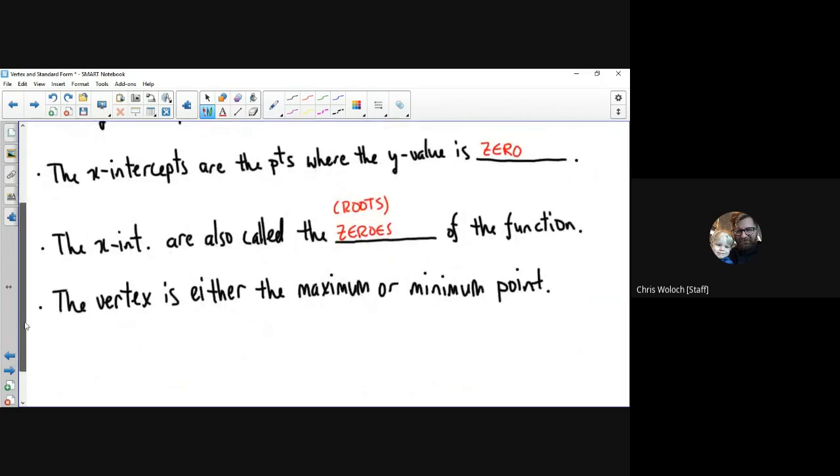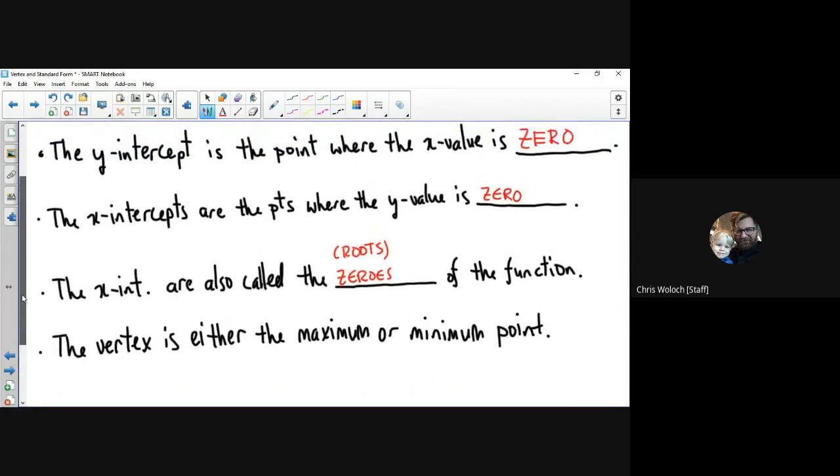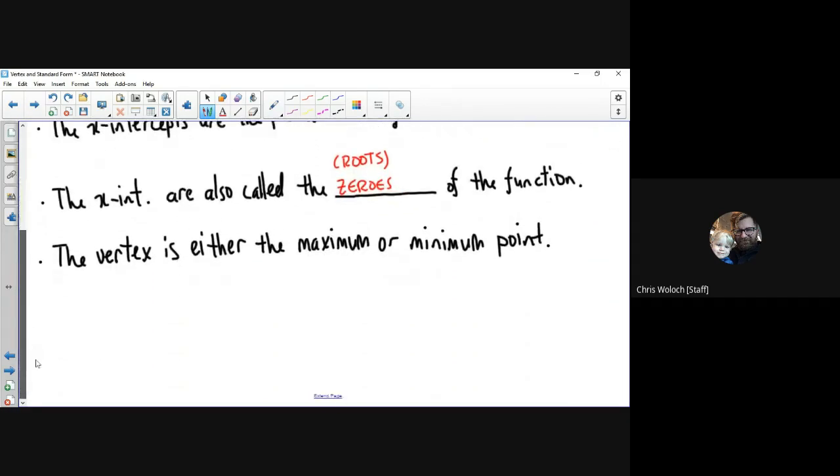And the vertex is either the maximum or minimum, which I alluded to on the previous slide. If this opens up, this is the minimum value. If a parabola opens down, then it has a peak, and this is the maximum.